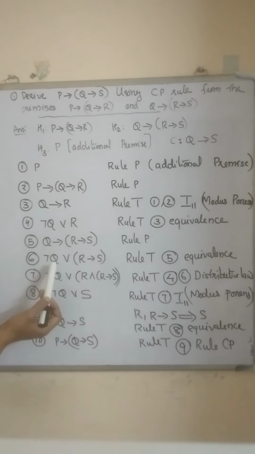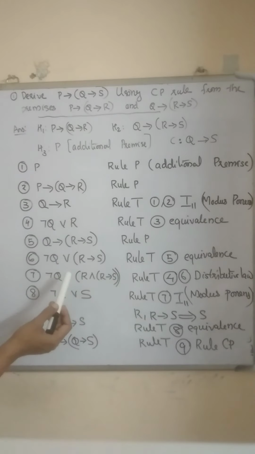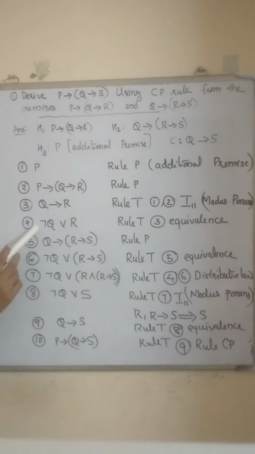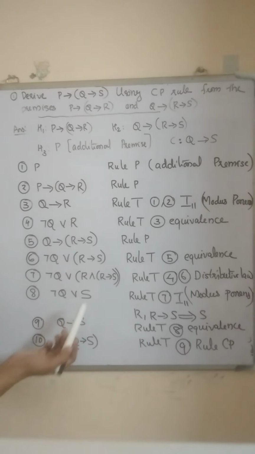Next, using distributive law, here it is negation Q or R and R conditional S. Here we use the distributive law on R and R conditional S. Using the fourth result, negation Q or R, so negation Q or R conditional S. Next is negation Q or S, by modus ponens rule.